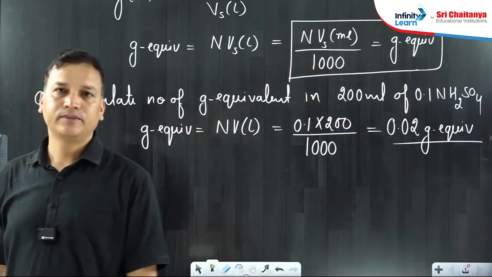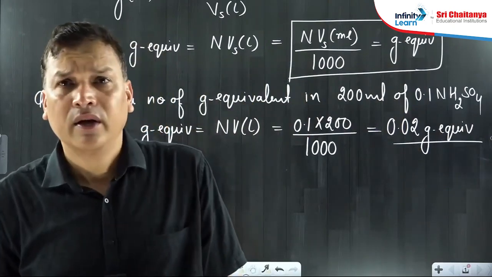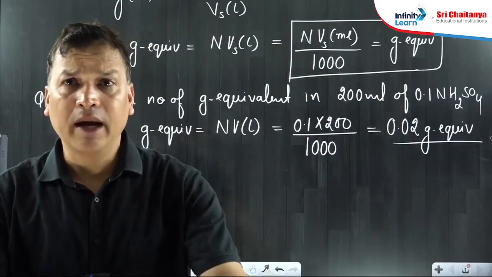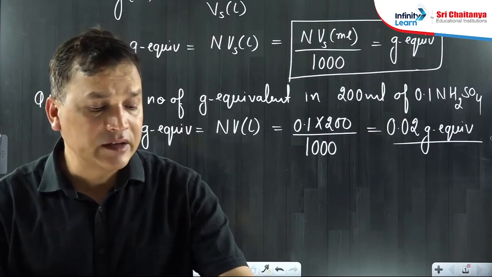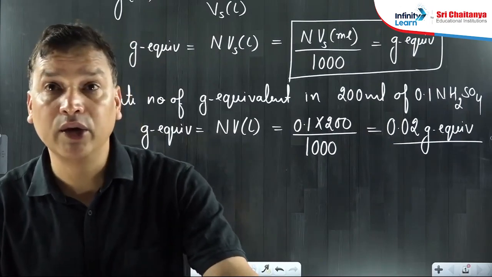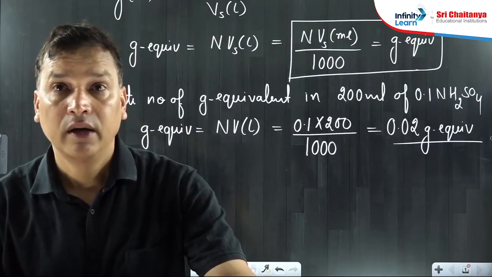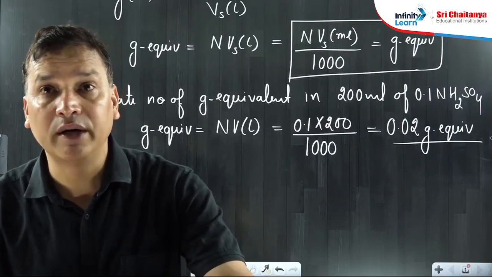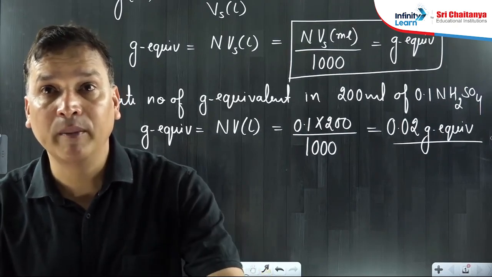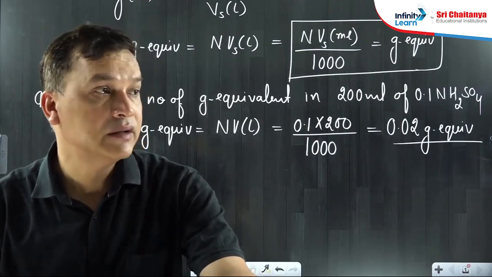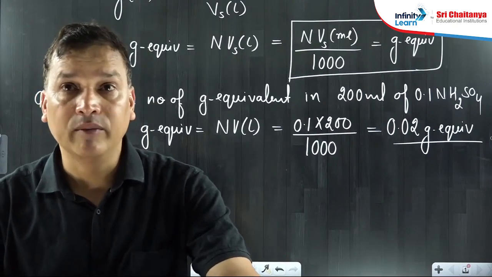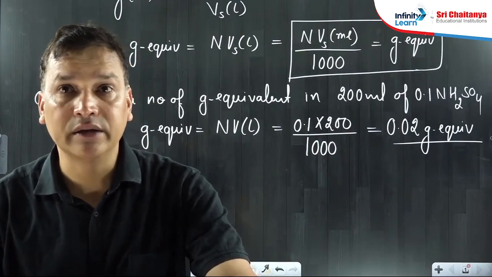You got it or not? Dear student, gram equivalents is number of moles into N factor. Gram equivalents can be calculated by multiplying the normality of the solution with its volume. Volume must be in liters.